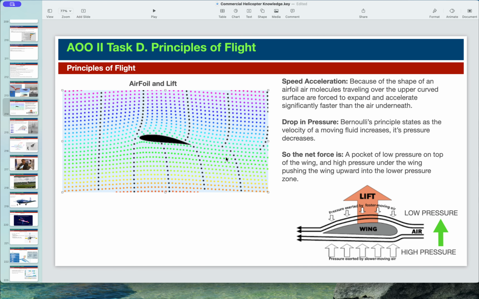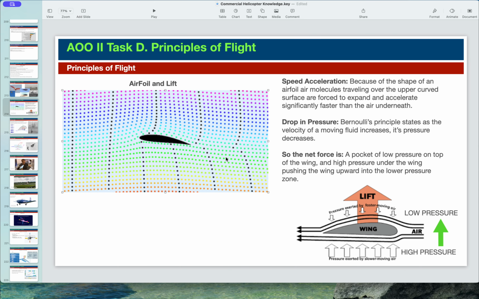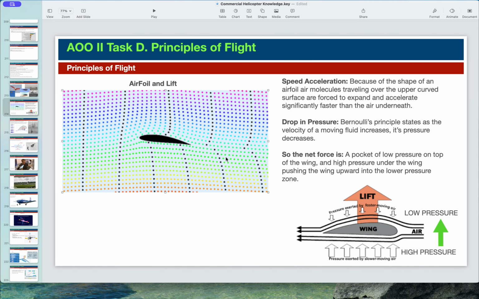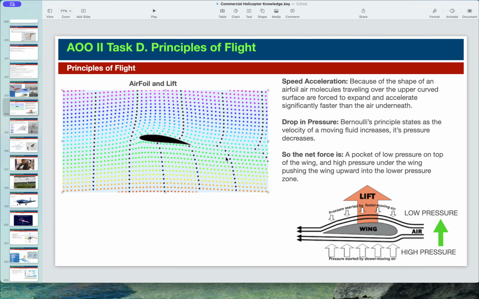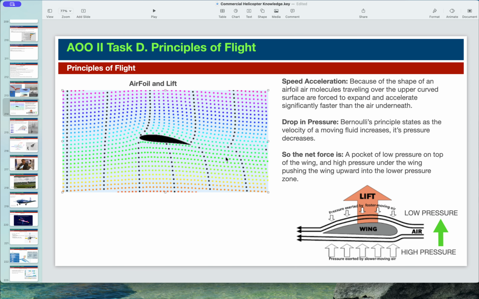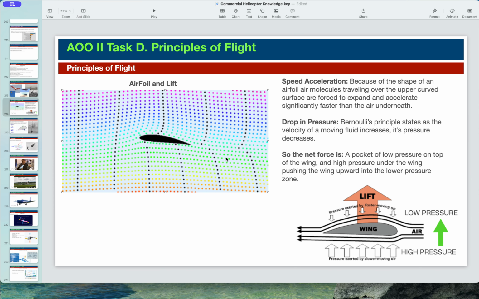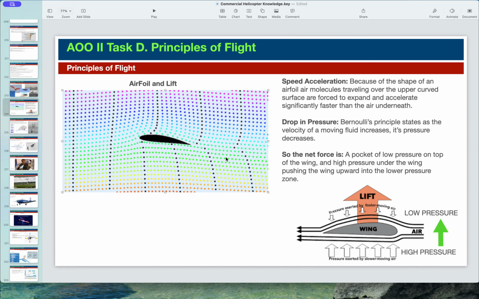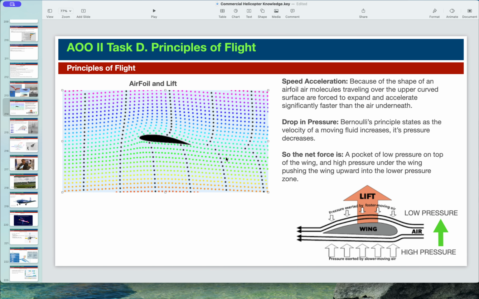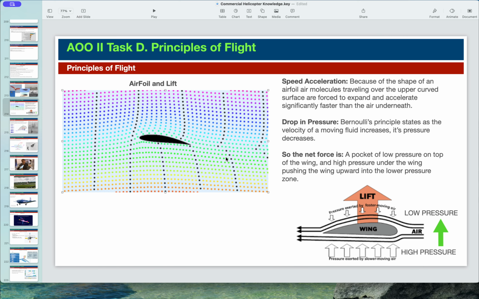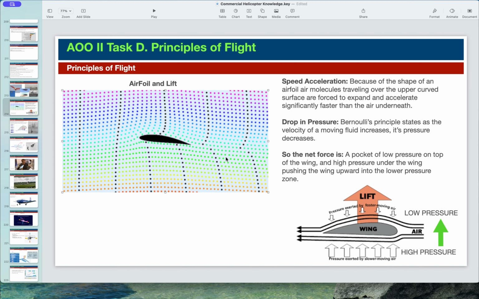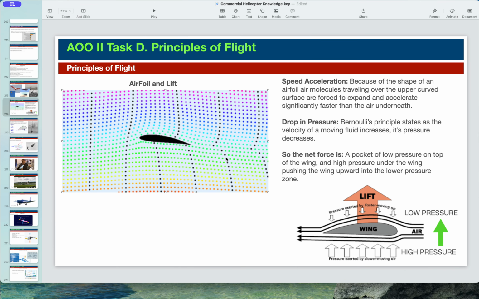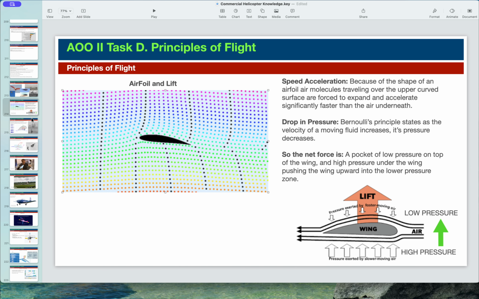So we have a pocket of low pressure sitting on top of the wing, and an area of high pressure underneath the wing, which is then pushing the wing upward into the low pressure zone. If you are a private pilot, you'll know that high pressure moves into low pressure. Think of a balloon that is blown up and under pressure. When you release the pressure of that balloon, it escapes into low pressure. So high pressure moves into low pressure.